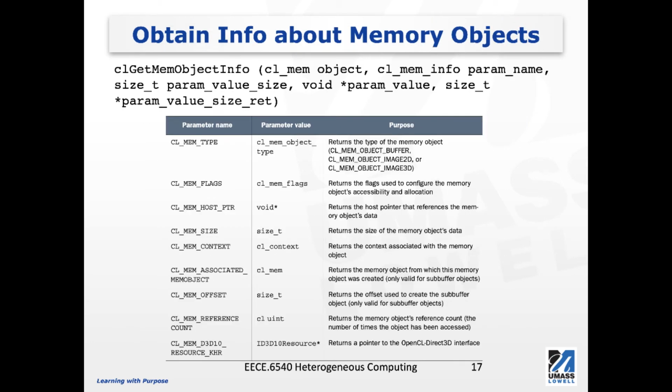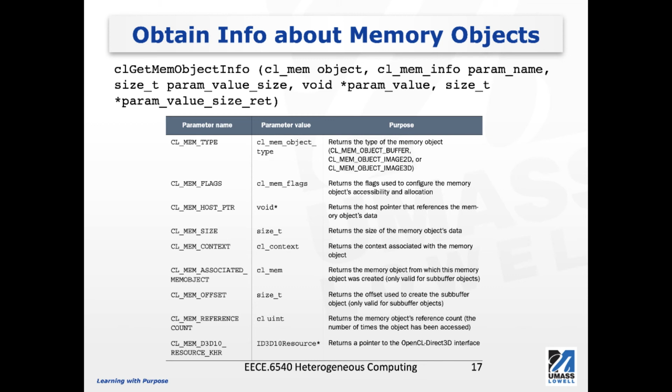In general, you can get information about a memory object using getMemoryObjectInfo, similar to the image objects, but this is more generic because you may not use this memory object for images. You may have this memory object for other data structures, but you can still use getMemoryObjectInfo to query its properties.